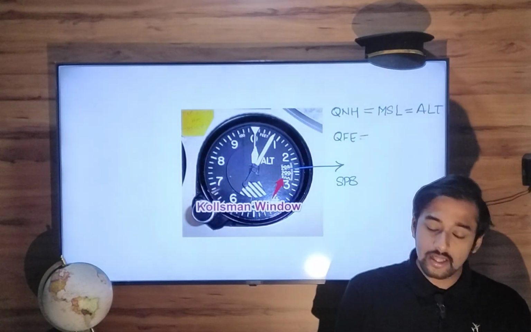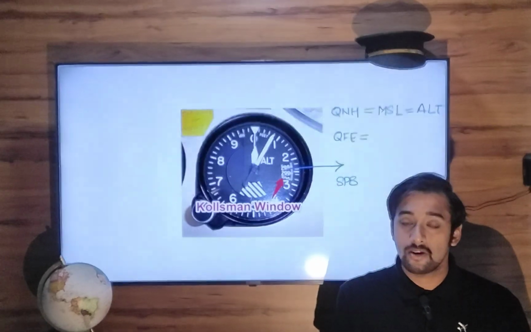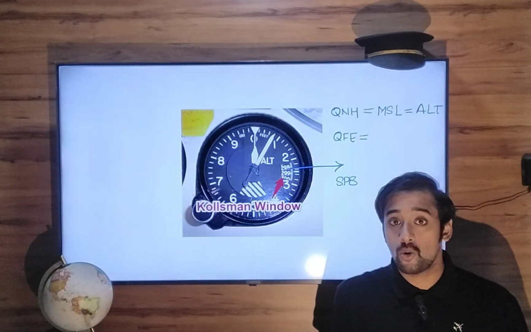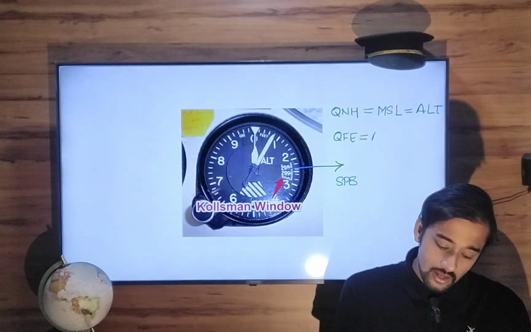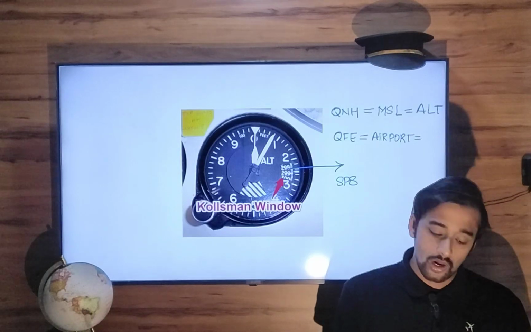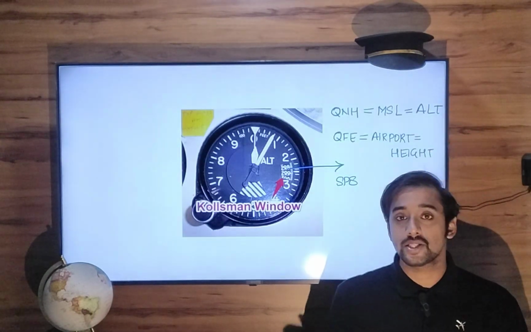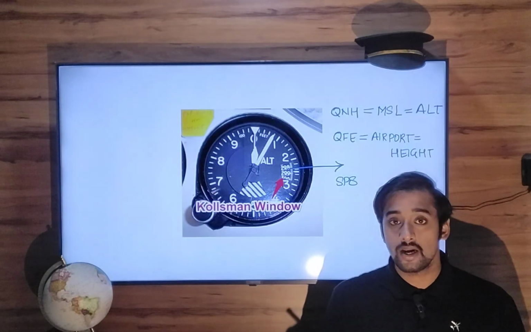When you put QFE in the altimeter pressure setting window, the vertical distance will be measured from aerodrome level, from the ground level, and that vertical distance is called height. When you use QFE, all your vertical distances will be labeled height.